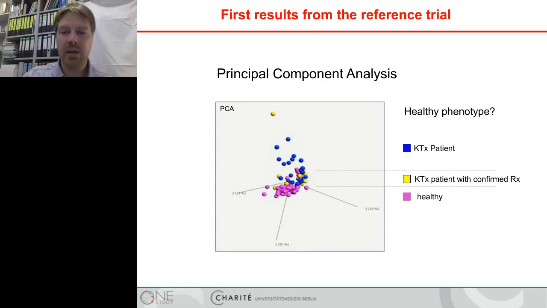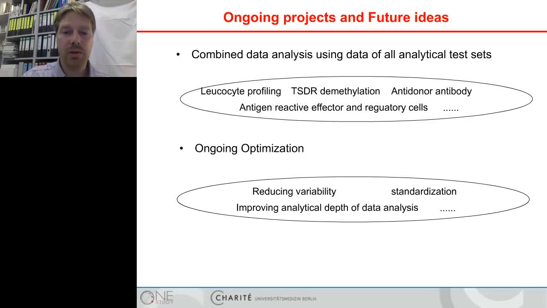But these are only the first results of the study, more to prove our immune monitoring, because most of these results are published and we can compare them. So we are now highly interested in combining the data analysis using the data of all analytical tests, for instance, the TLDR demethylation or donor antibodies or the other analytical tests.